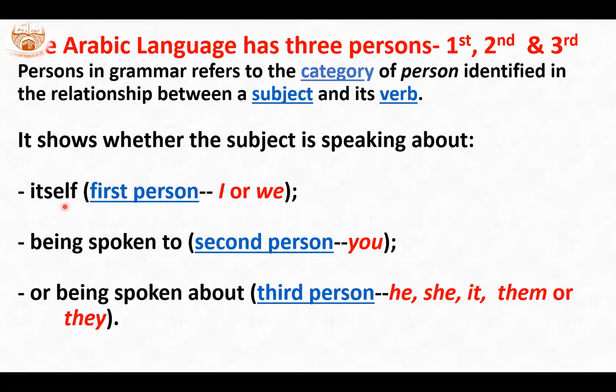Then, if the first person is addressing a second person, what pronoun would he use for that person? Usually he will say you. Right? So when a person says you, it means there is a first person who is addressing the you. So the first person speaks to a second person with the pronoun you.